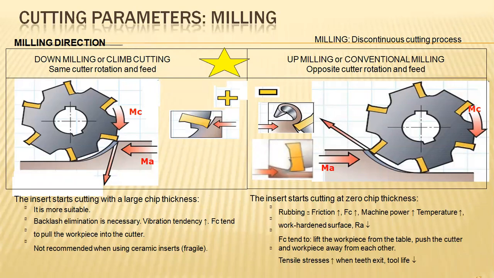Cutting parameters, as we have already discussed: in the case of the left side movement, the unitary actions will take place. The large chip thickness will be at the starting zone, and at the ending zone it will keep decreasing. Compared to the up milling process, the down milling process is a greater advantage.